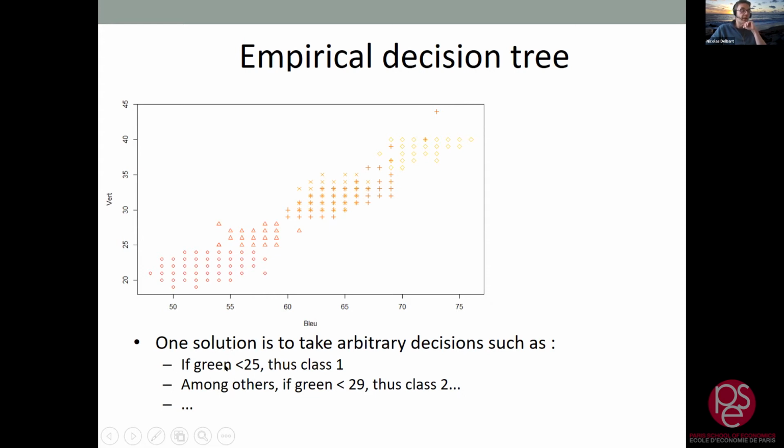We decide some rules, like if the digital number in the green spectral band is lower than 25, then the pixel belongs to class 1, which means we make a threshold here. Below the threshold, it belongs to class 1. For all other pixels that haven't been classified by this first rule, we can decide empirically that if the green value is lower than 29, then it will belong to class 2. And we can add different rules in order to correctly classify all the pixels that belong to the samples.